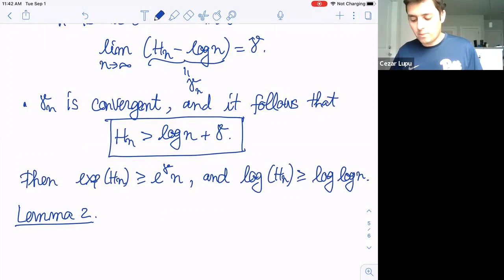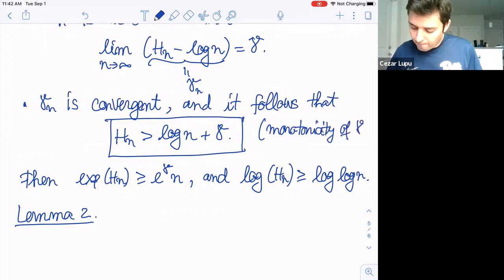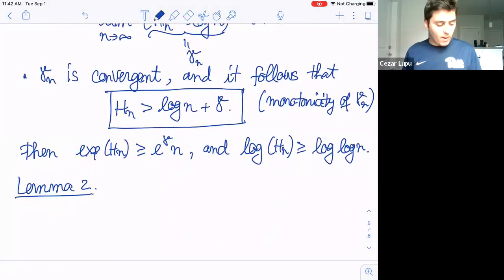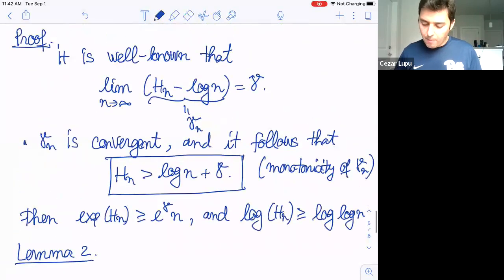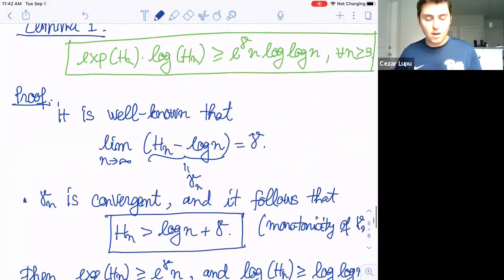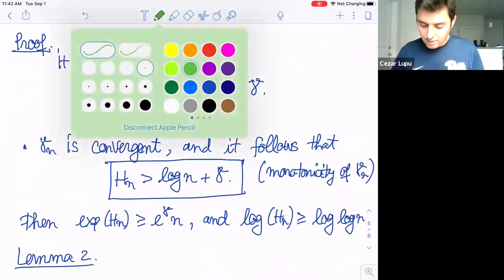This follows easily from the monotonicity of gamma n. Anyway, in Lagarias's paper it is proved a bit differently. The second lemma: now I would like to prove some kind of an upper bound for this e to the hn times log of hn.